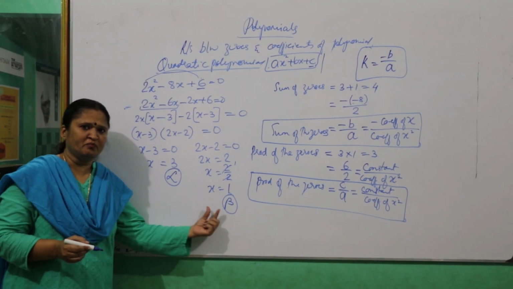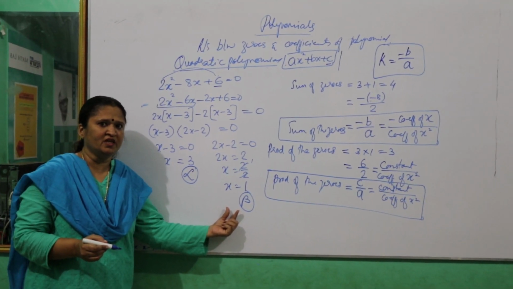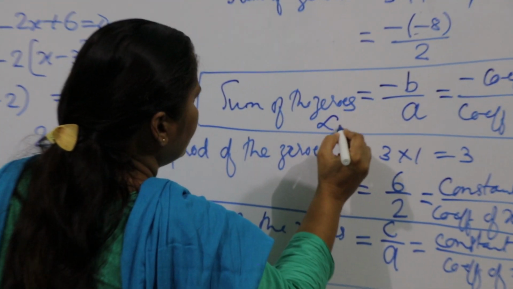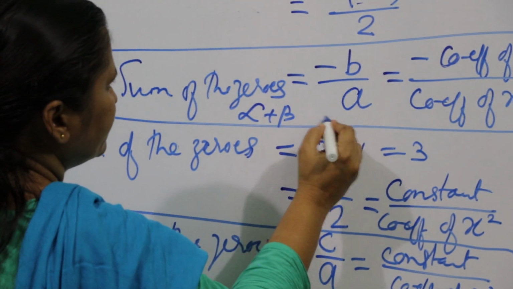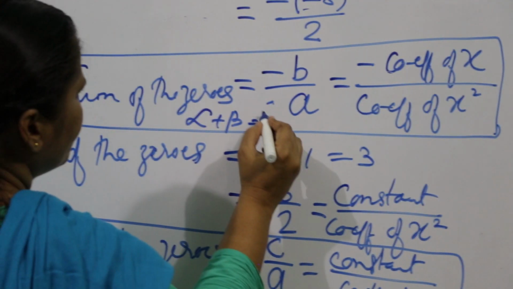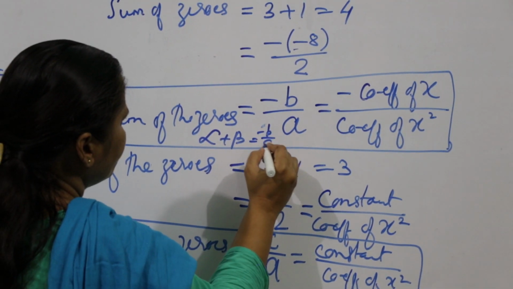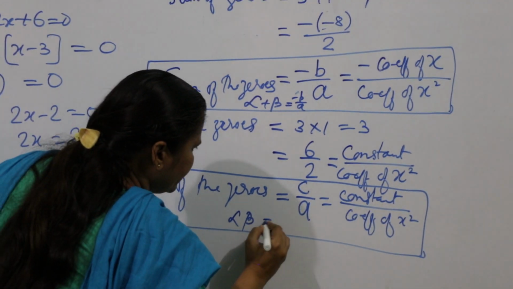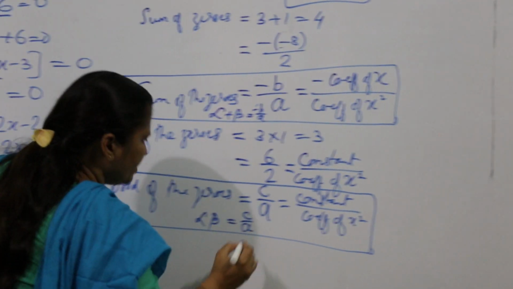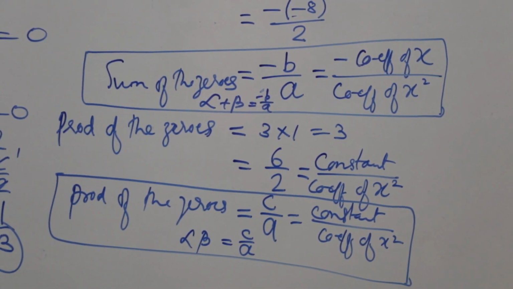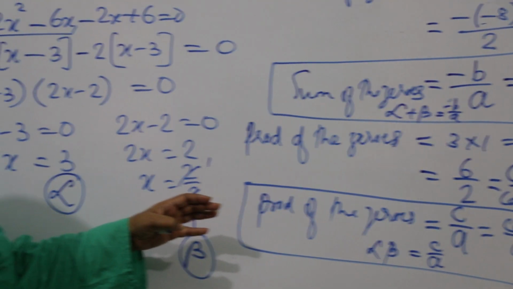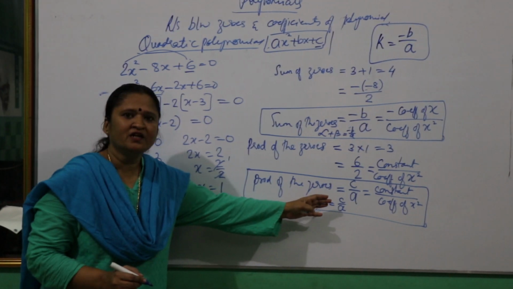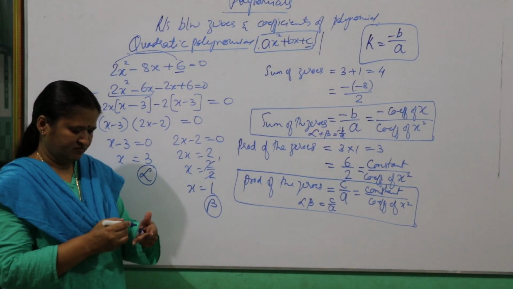So alpha and beta are the zeros of the polynomial. Then this can be expressed as alpha plus beta is equal to minus b by a, and alpha times beta is equal to c by a. Right? So this is the relationship between the zeros and the coefficients.